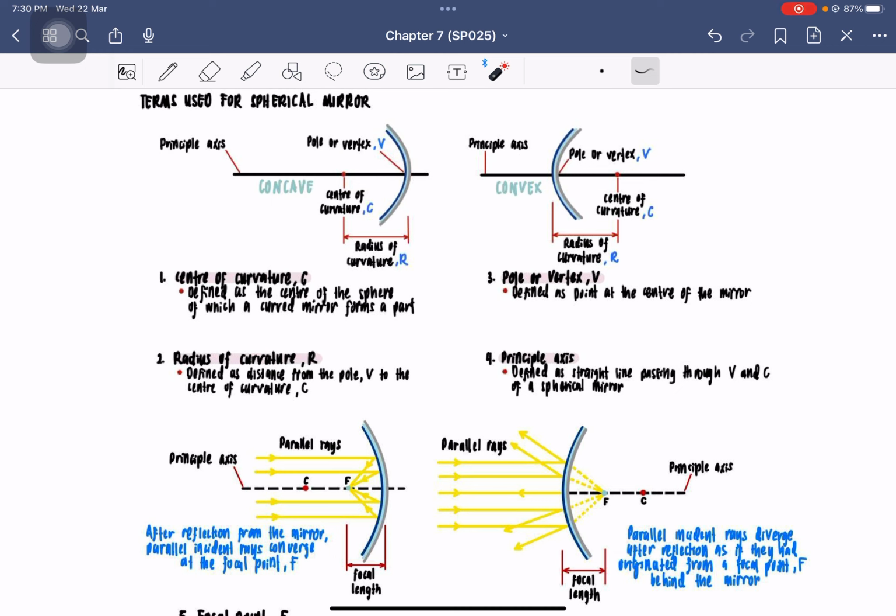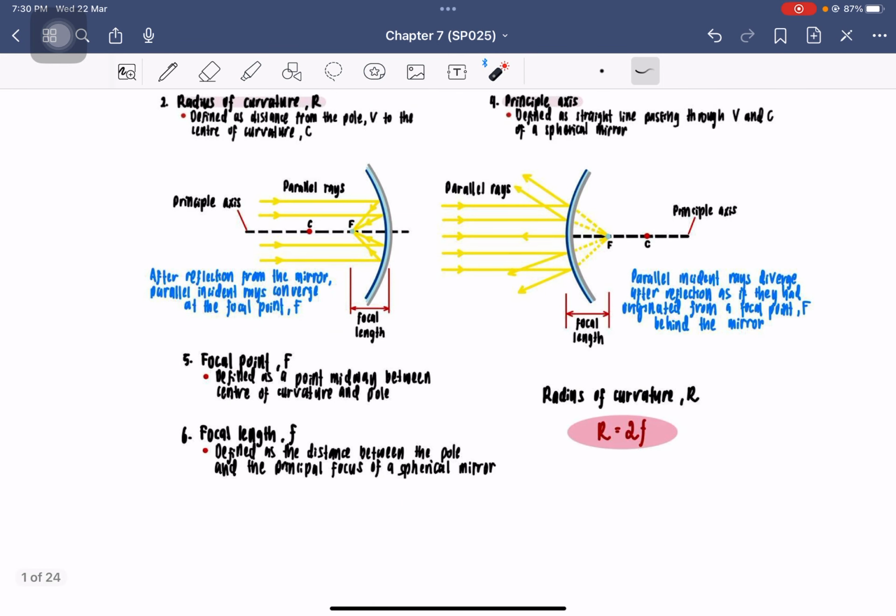Next, we have the pole or vertex. The symbol is V or P, and it is the point at the center of the mirror. Next, we have the principal axis, which is just a straight line passing through the vertex and the center of curvature.